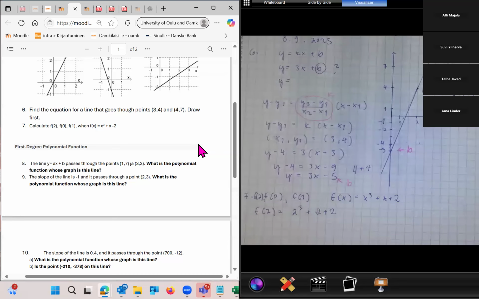Just like this. So now there's no X, but there's the number where there was the X in this expression. Okay, so 2 to the power of 3 is 2 times 2 times 2, plus 2 plus 2.